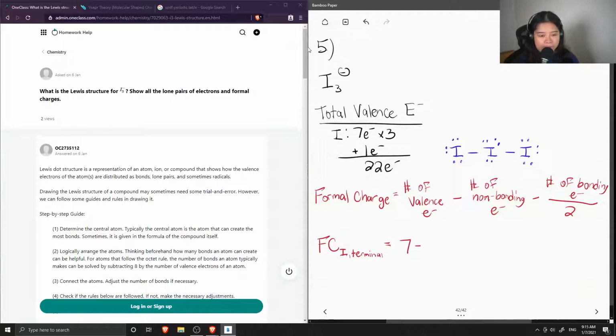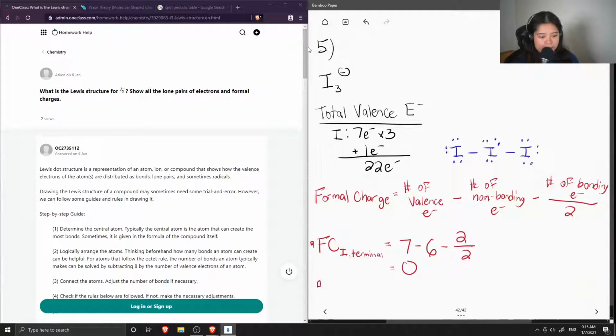The number of non-bonding electrons, so there are 1, 2, 3, 4, 5, 6, minus the number of bonding electrons divided by 2. So there is only one bond. Each bond contains 2 bonding electrons, and then we divide this by 2. So 7 minus 6 minus 1 is just 0.